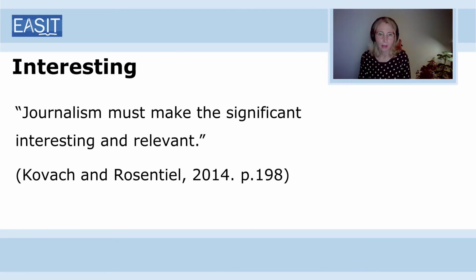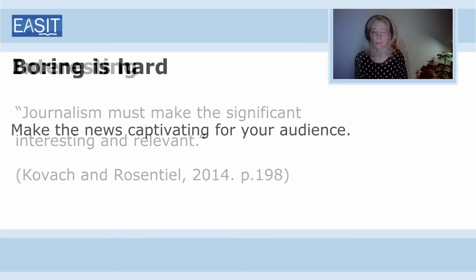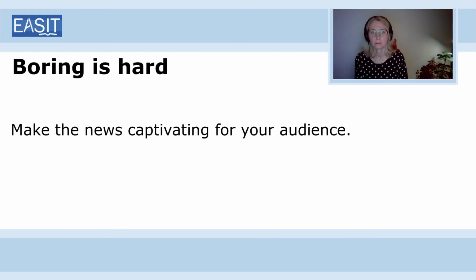Interesting. As you already know, there are different ways to make journalistic content accessible. One of them is to make sure that the news items are engaging. Kovac and Rosenthal's seventh principle is, journalism must make the significant interesting and relevant. Boring is hard.